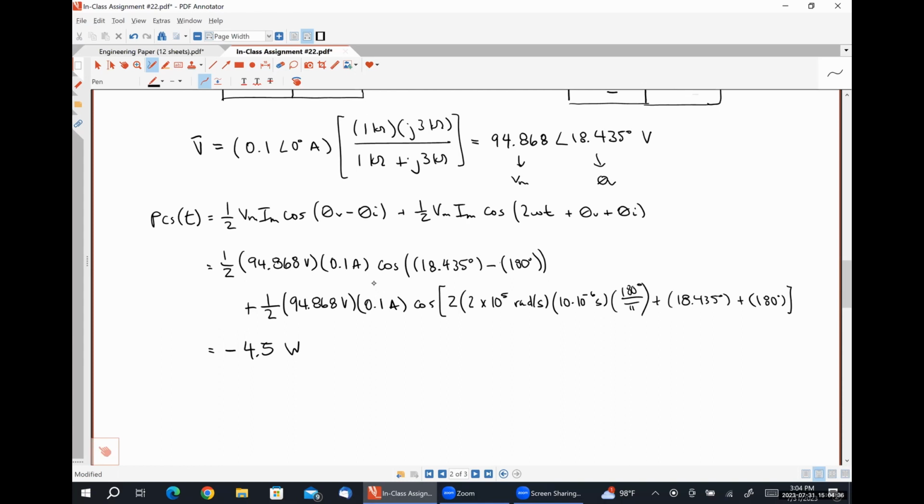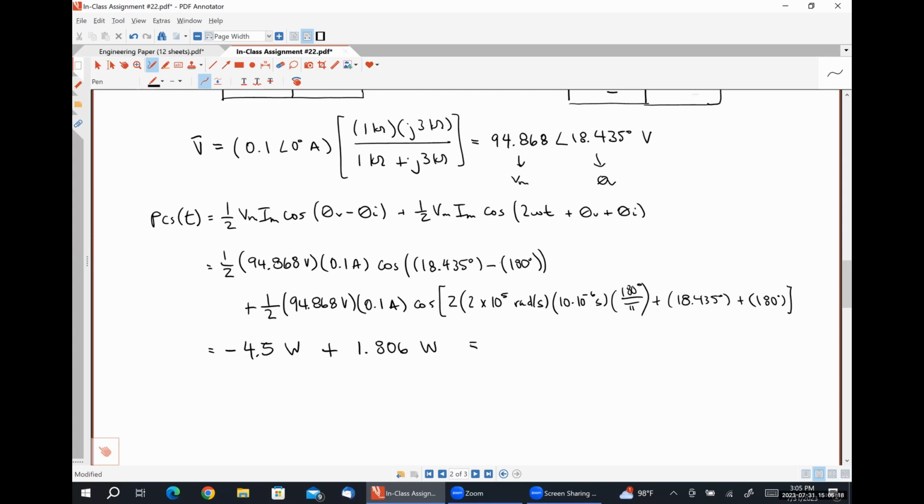For our second calculation, we're going to have what I have stored as X times the cosine of 2 times 10 to the 5 times 10 times 10 to the minus 6 times 180 over pi plus 18.435 plus 180. 1.806 watts.